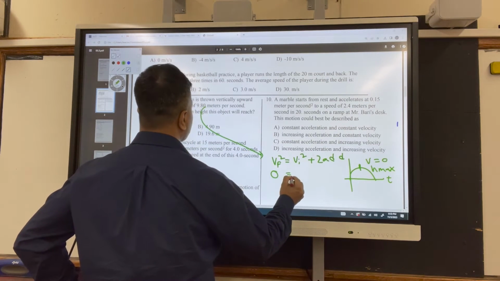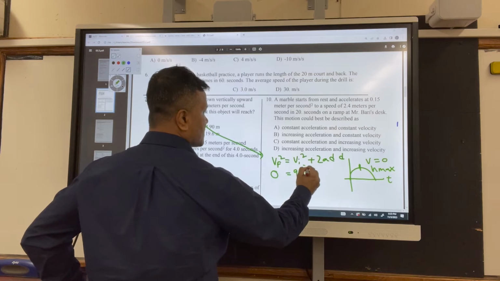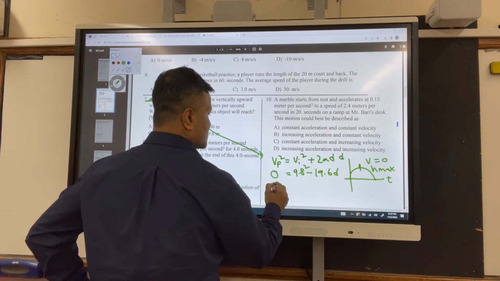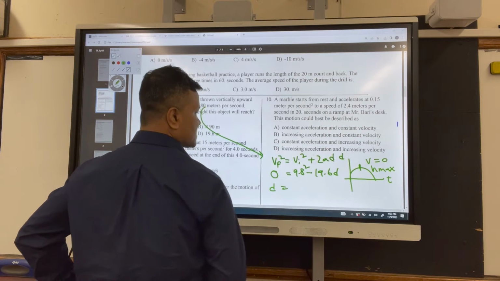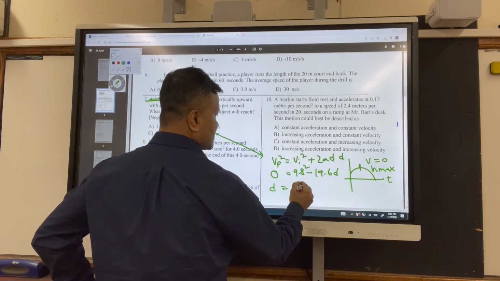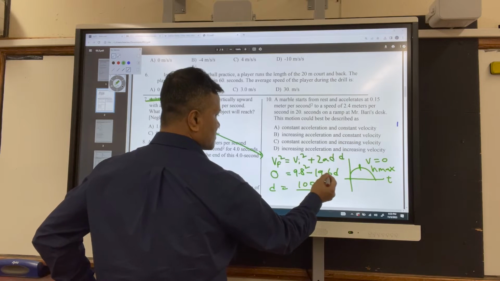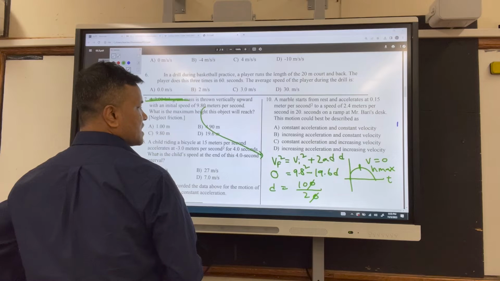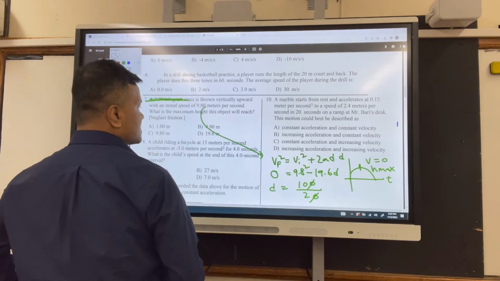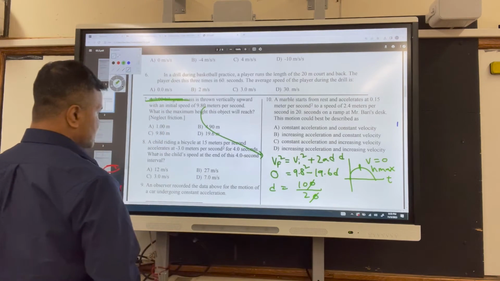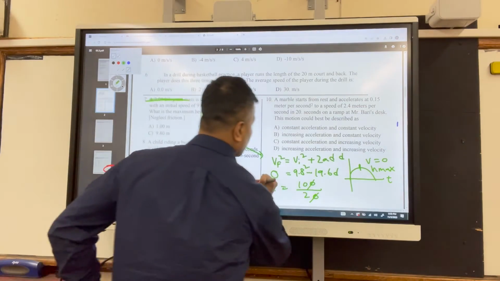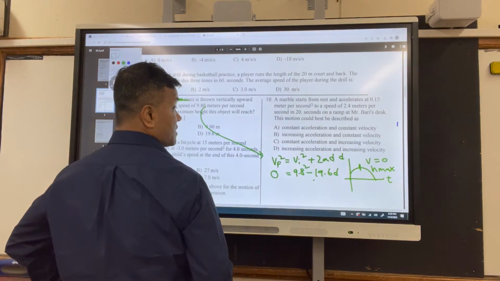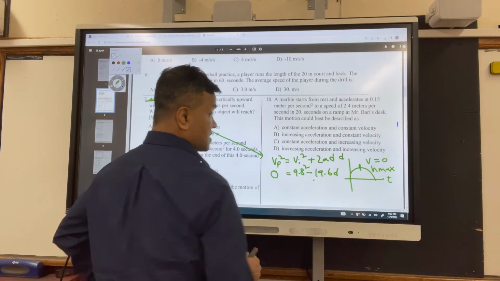So Vi is 9.8 squared, minus 19.6 D. So D is 9.8 squared divided by 19.6. Let me see, Vf squared, Vi squared, which is 9.8 squared.